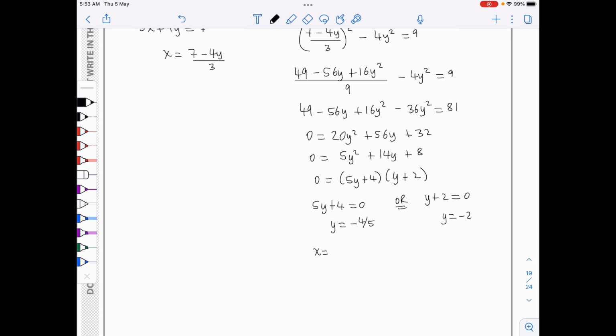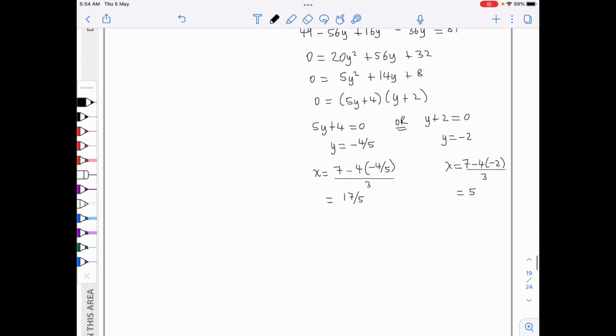So x is 7 minus 4 times minus 4 over 5, all of it over 3, which turns out to be 17 over 5, or x is 7 minus 4 times minus 2 over 3, which turns out to be 5.